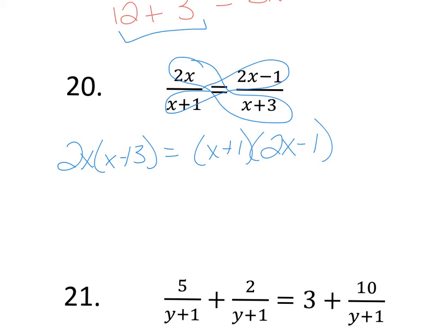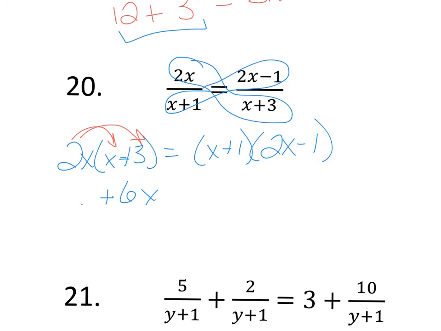So to solve for this x, we first need to simplify. So we're going to distribute. We're going to do double distribute or FOIL over here and see what we get. So 2x times x makes 6x squared. 2x times 3 makes 6x. I made a mistake. This is not 6x squared.